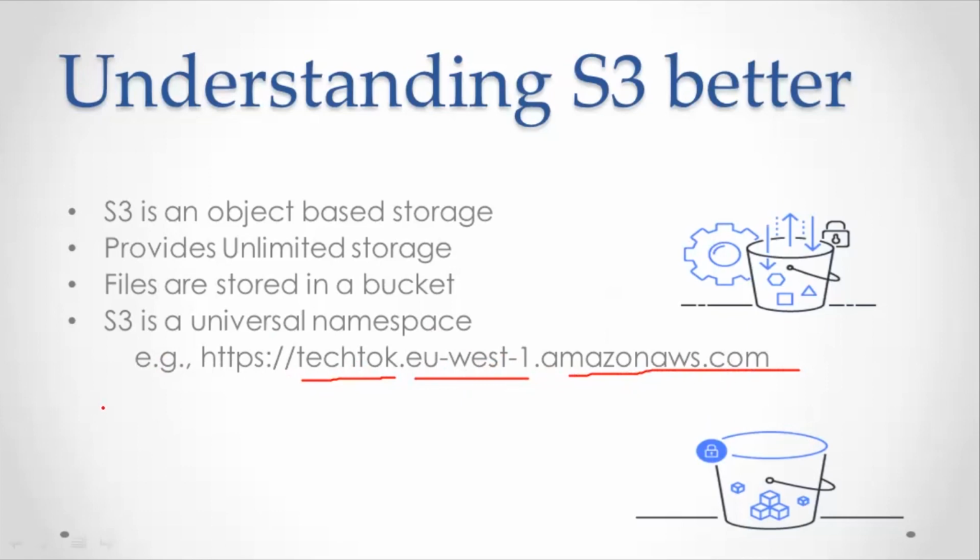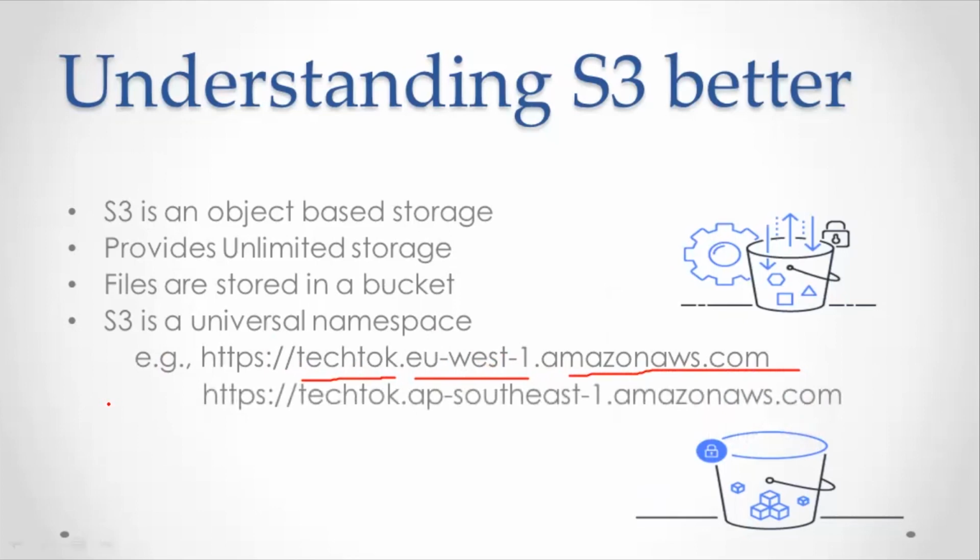Let's say we were to create the same bucket in the Singapore region. It would create a name like this. Tech-Tok again is the bucket name, and ap-southeast-1 represents the Singapore region.